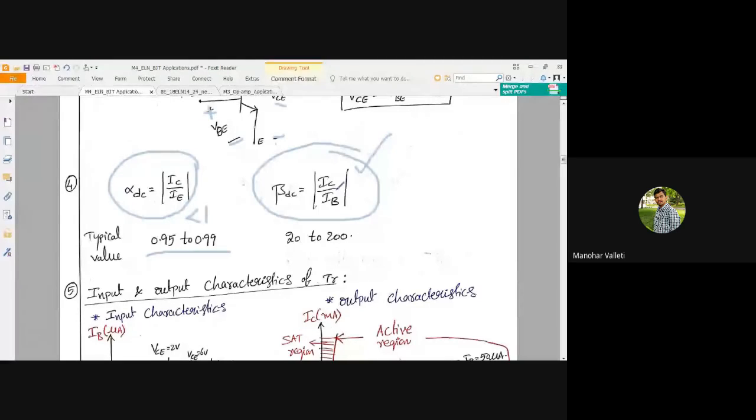So if you see the milliamperes versus microamperes ratio, this beta DC will be more only always. The typical value will be 20 to 200, and this beta value will be very important for the transistor. When you are buying any transistor, the designer will tell you how much beta value that particular transistor will have. So these are about the current gains of the BJT.